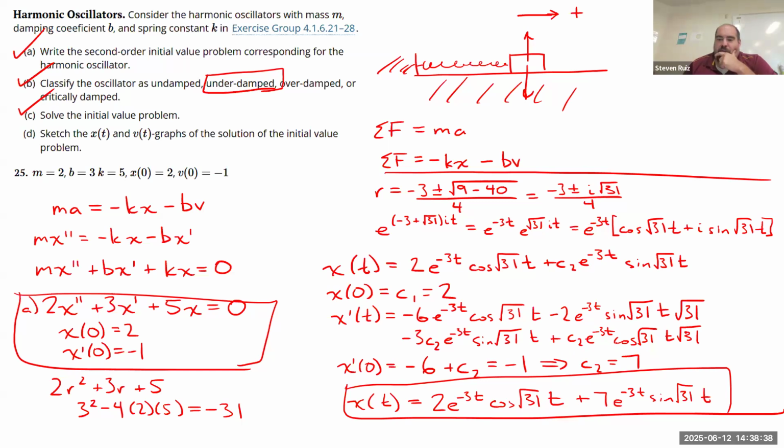So how did that filter forward? For x naught, all the sine terms go away. So it should be negative 6 plus radical 31 c2 equals negative 1. Oh, I did all kinds of stuff wrong. c2 should be 5 over radical 31. Let's try that.